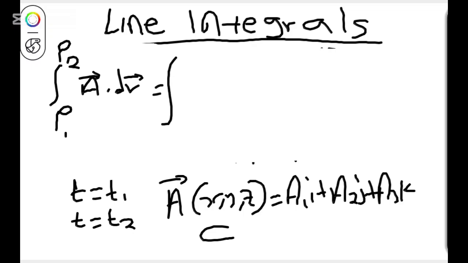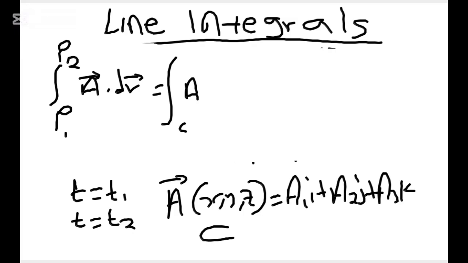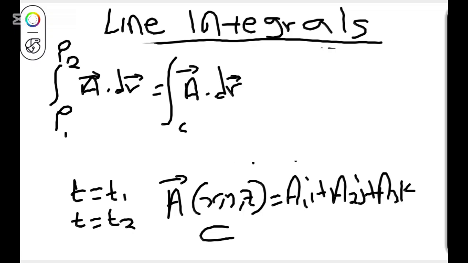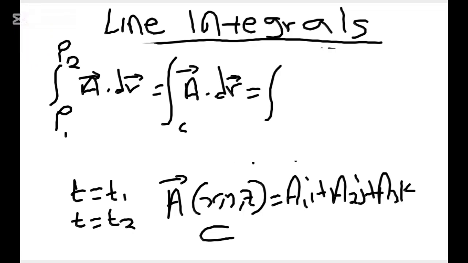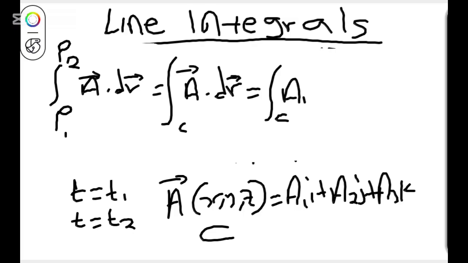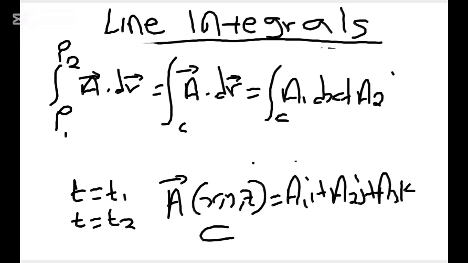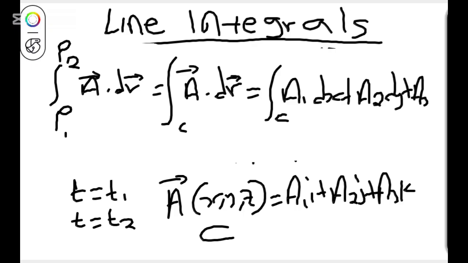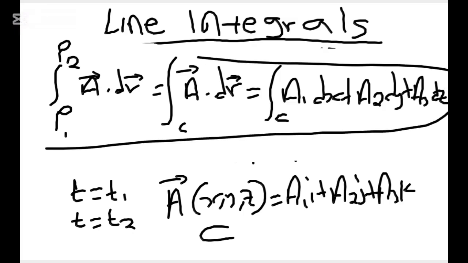So this should now be equal to the integral along the curve of A dot dr, which is the vector r. So this should now be equal to the integral along the curve of A1 dx plus A2 dy plus A3 dz.